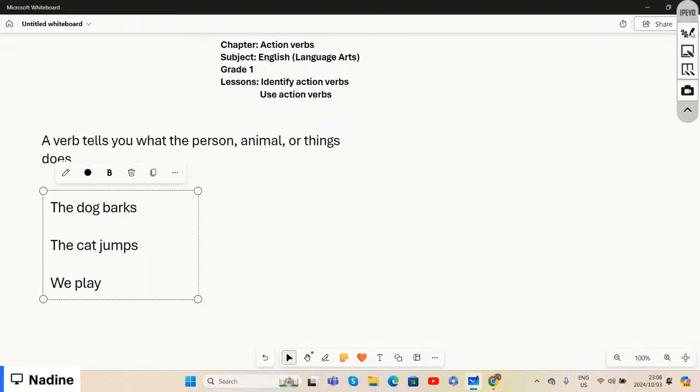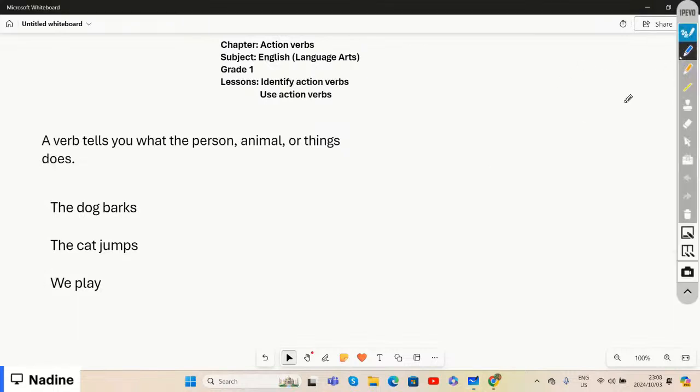The dog barks. So, which means that this word barks, that is our action verb. So, what is the dog doing? The dog barks.